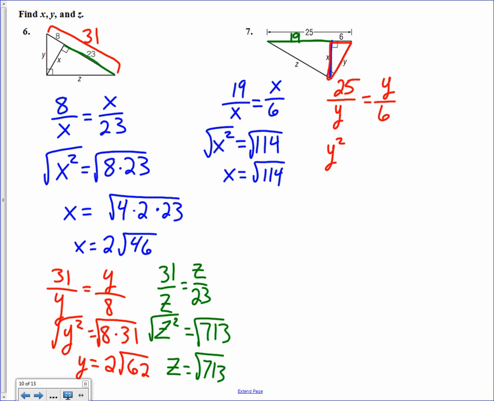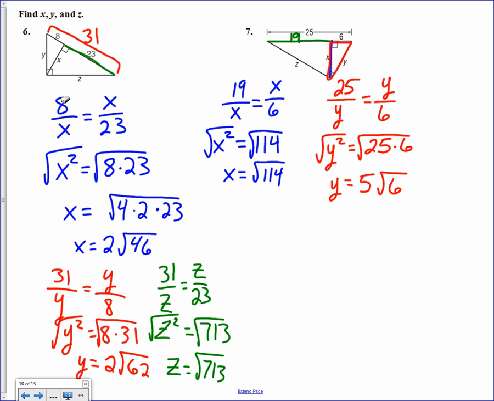We get y squared equals 25 times 6. This time, notice I did not multiply them together because 25 is a perfect square. So when we take the square root of both sides, we get y equals the square root of 25, which is 5. 6 is 2 times 3. There's no repeated numbers in that, so we get 5 root 6.